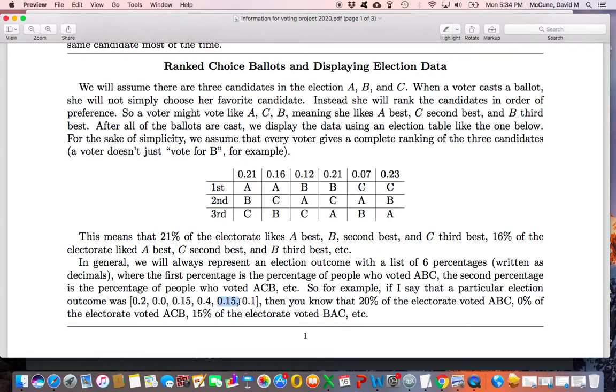You know that 15% of the population liked C best, then A, then B. You know that 0% of the population liked A best, C second best, B third best. Nobody voted that way for whatever reason. Okay, so that's how we will display election data.